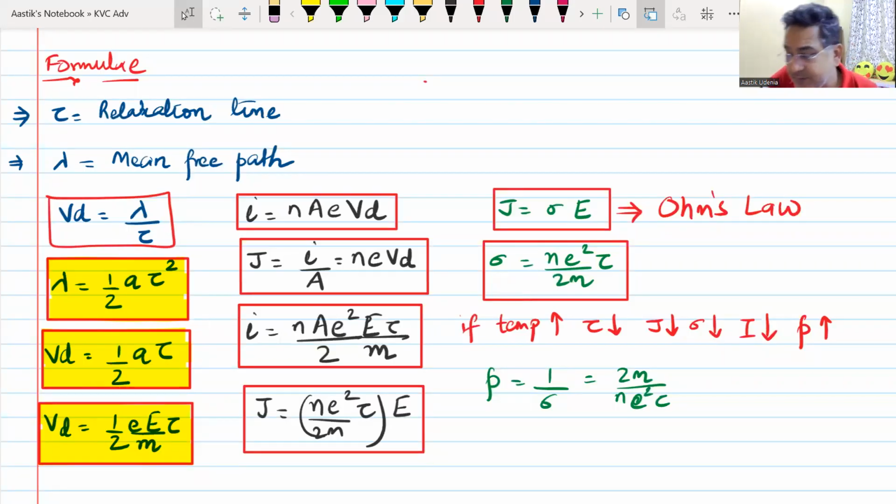So these are the complete list of formulae for everyone. Go through this. I'll give you 5 minutes. Let me know once you are done.